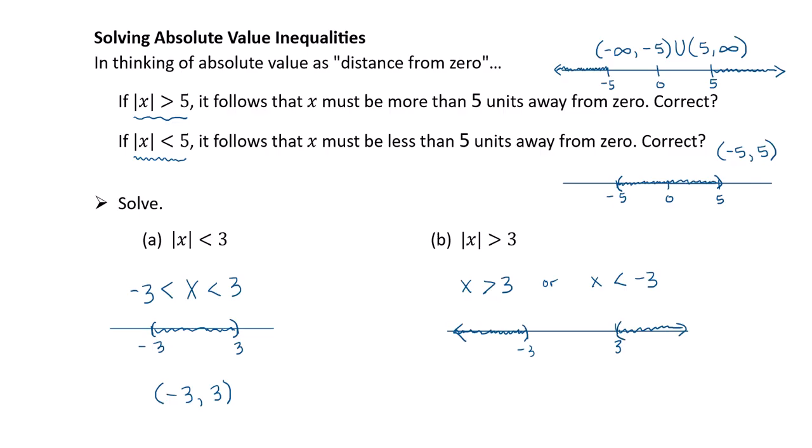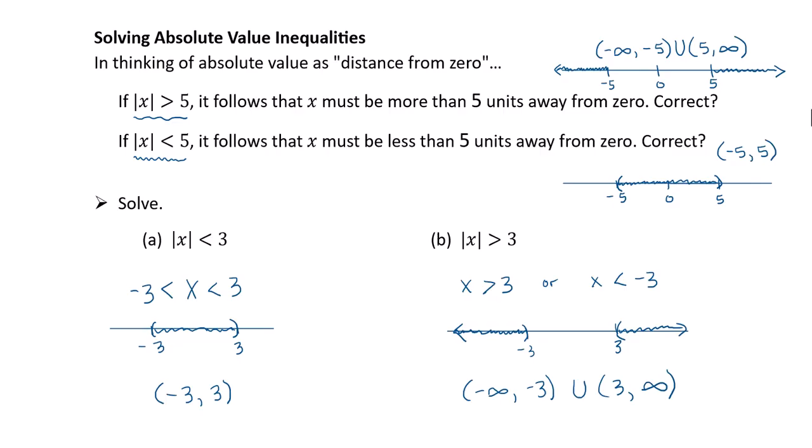The numbers there on the number line are all going to have a distance of more than 3 away from 0. Okay, so this is just a compound inequality here. We're going to join with a union, -infinity to -3, union 3 to positive infinity.